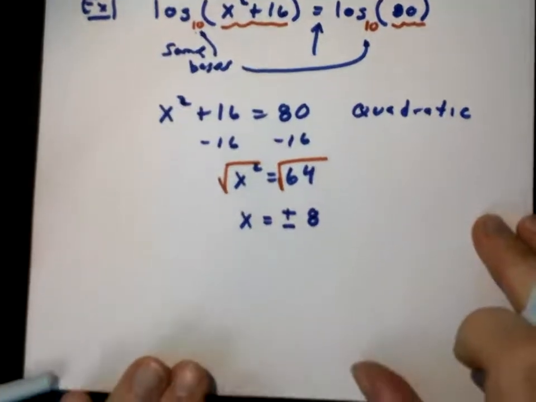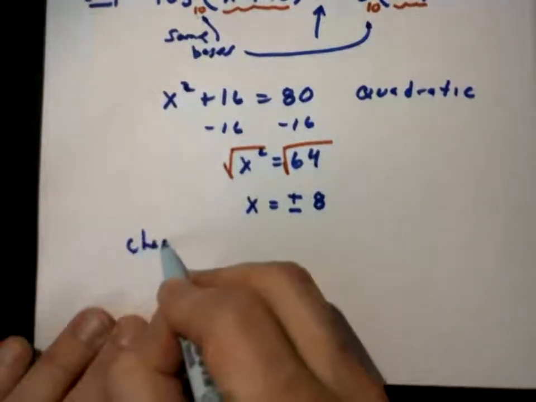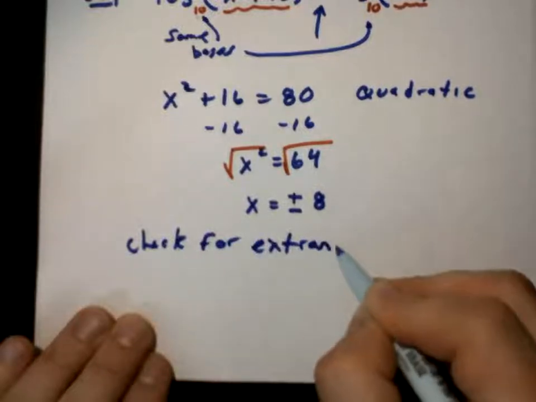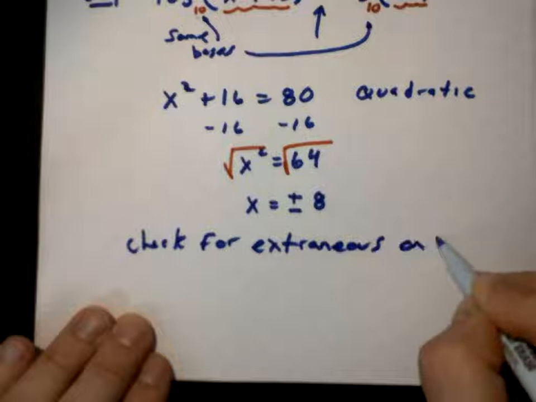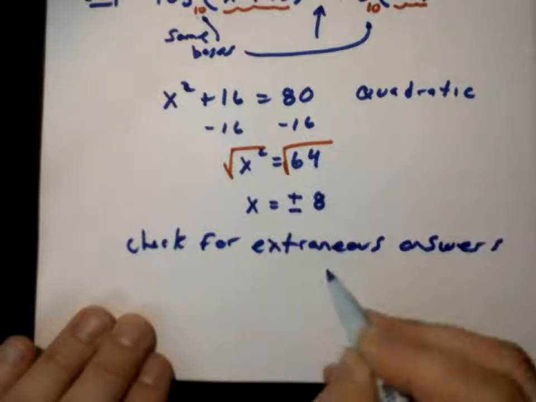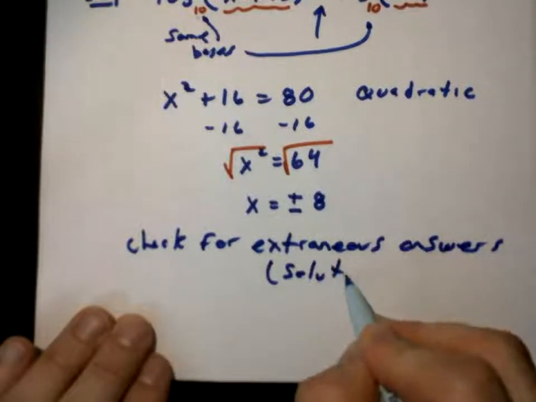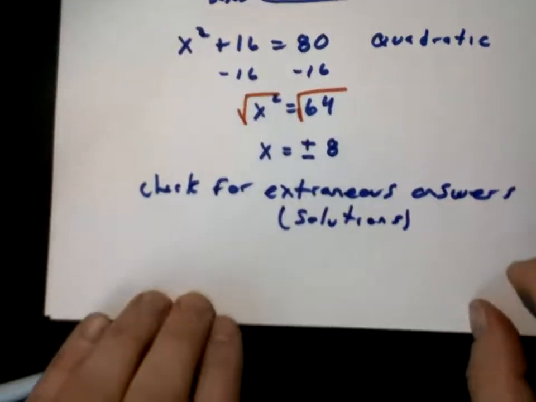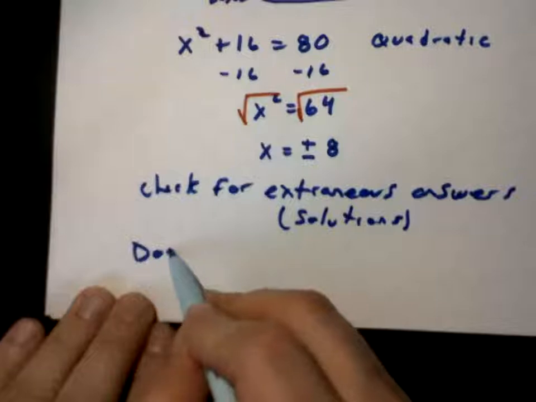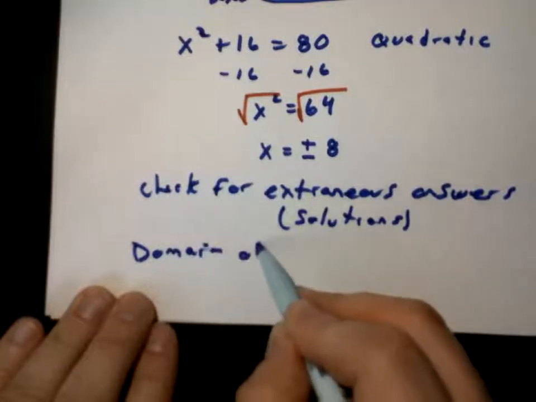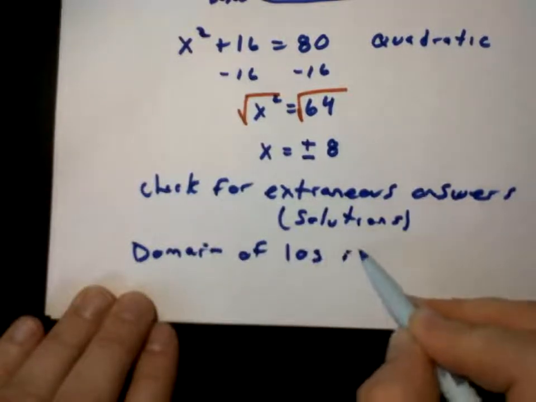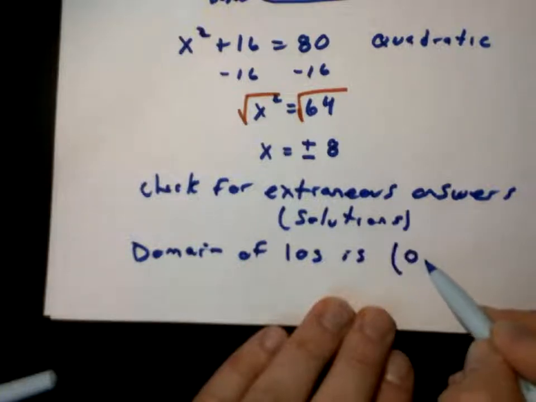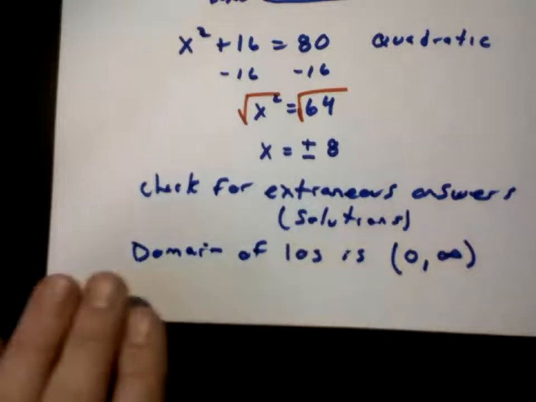All right, now we have to check for extraneous answers, or maybe solutions in this case. Extraneous. What happens is that, remember that the domain of log is 0 to infinity.